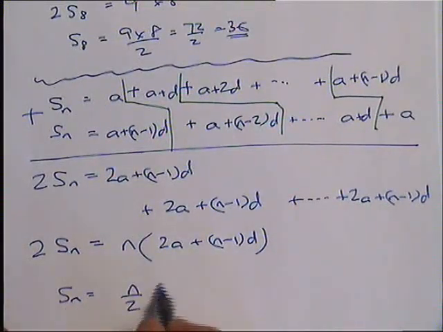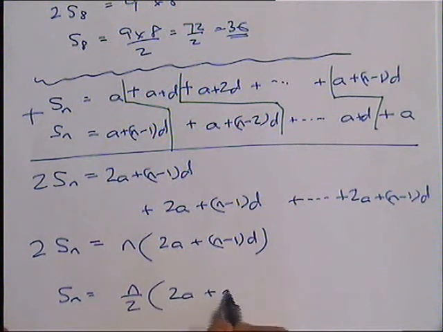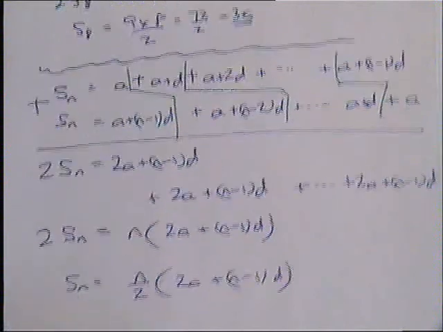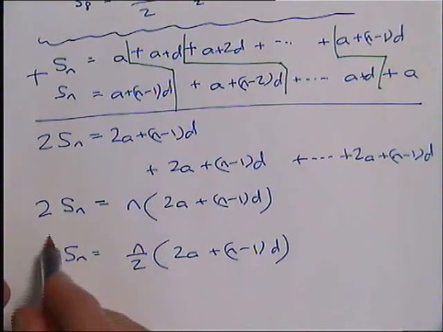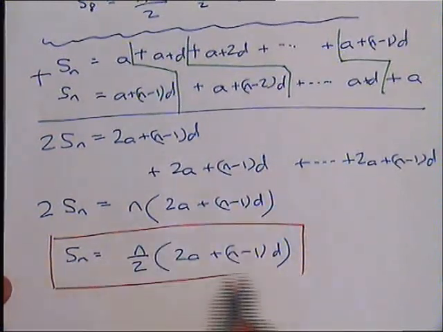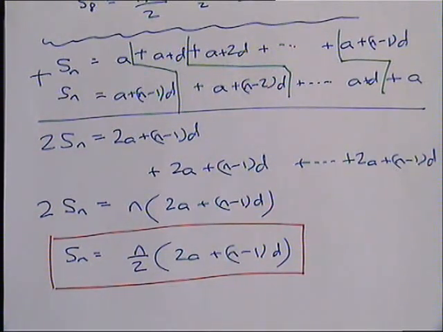In other words, n divided by 2 times 2a plus n minus 1d. And that is the formula for the sum of the first n terms of an arithmetic progression. It's given to you in the formula book, but if you learn it, then that's very useful.